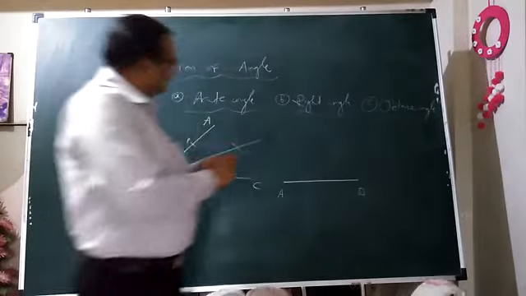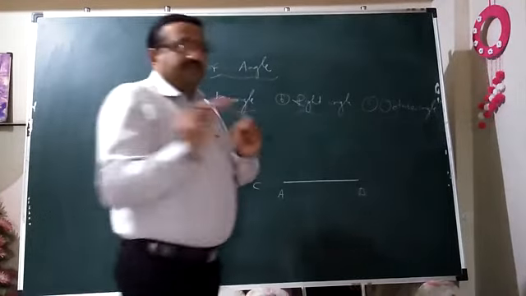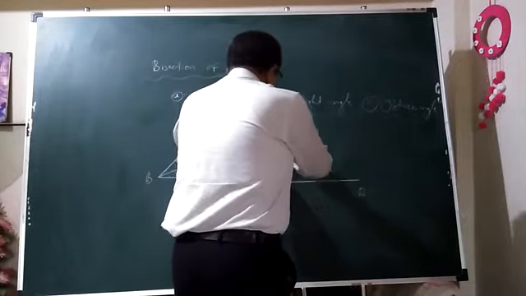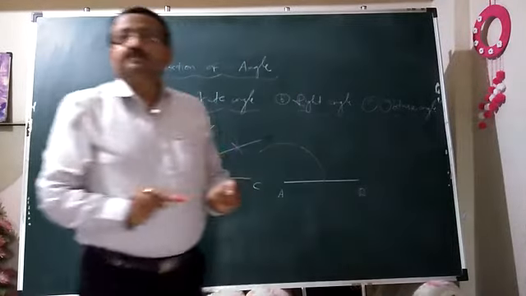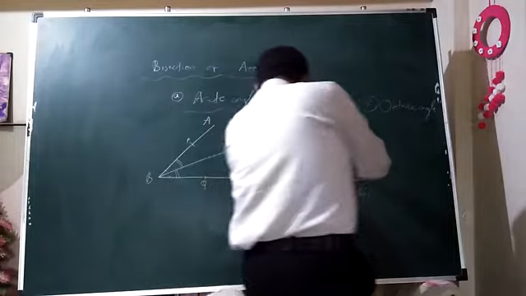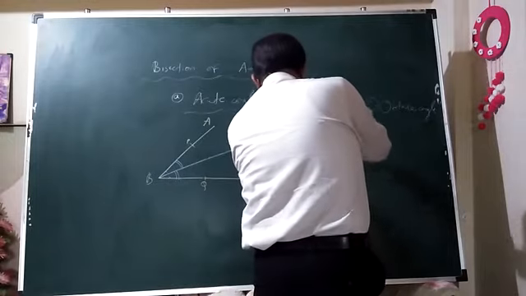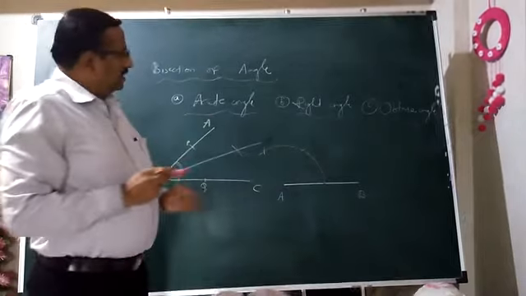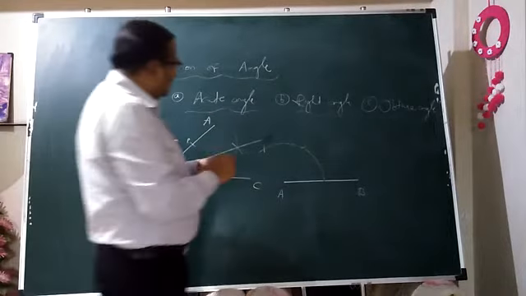What is the procedure? Pick any convenient radius in the compass, A as a center, draw one long arc in this way. With the same radius, mark two consecutive arcs over the earlier drawn arc. Now you are free to change the radius.